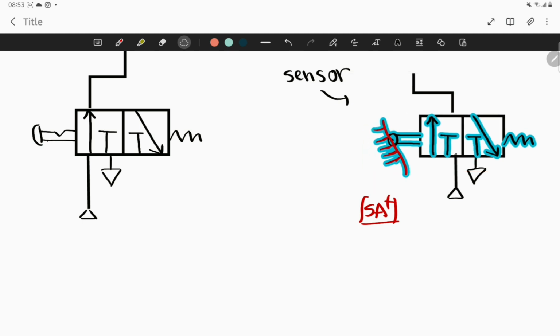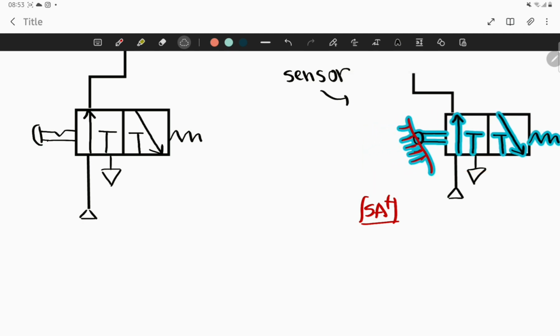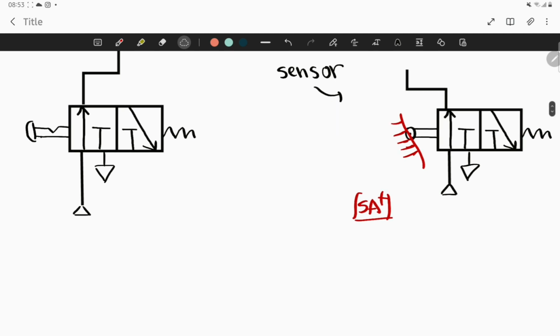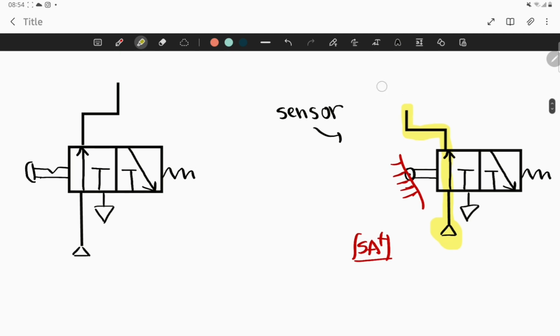It just commutes as the other valves do, so it's basically the same principle. But when it commutes, it allows the pressure to go from this side to this one, and it activates a certain line of pressure.